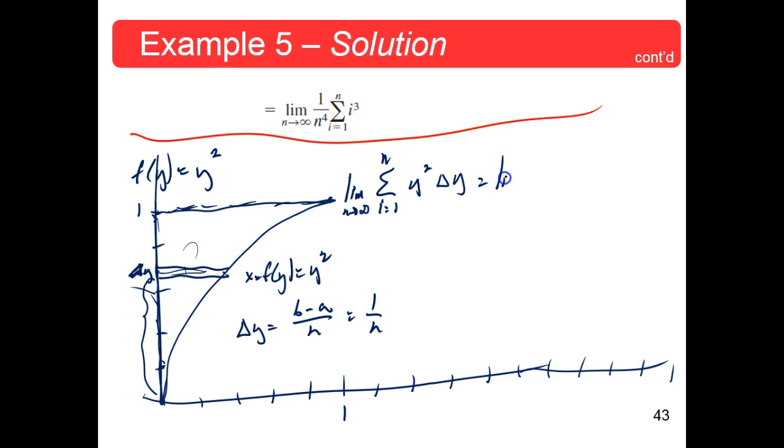This is the limit as n approaches infinity of the summation i equals 1 to n, and the delta y is 1 over n. Okay, that's that part.